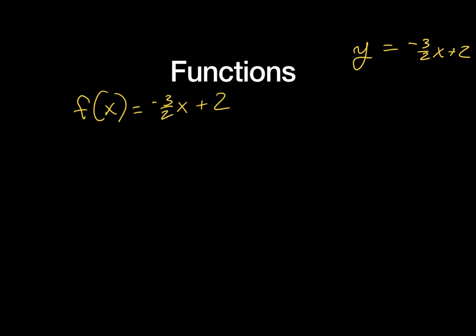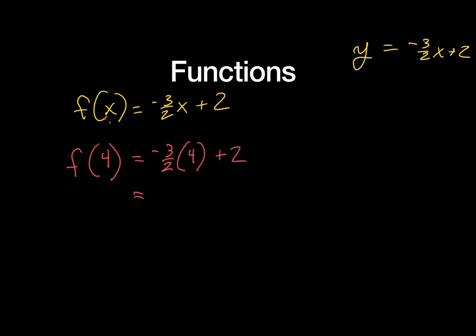So if I need to find when x is, let's say 4, I would write it as f of 4, which means since I replaced this x with a 4, I'm going to replace this x with a 4. So then I'll have negative 3/2 times 4 plus 2.